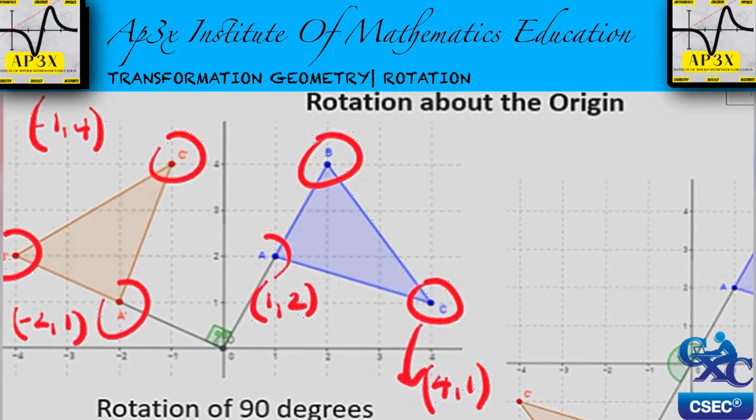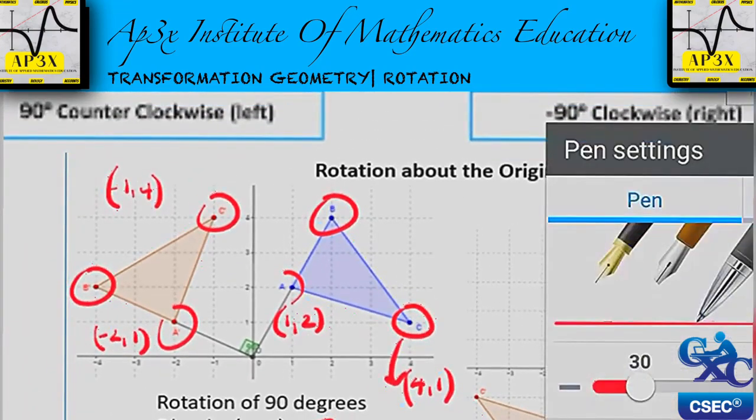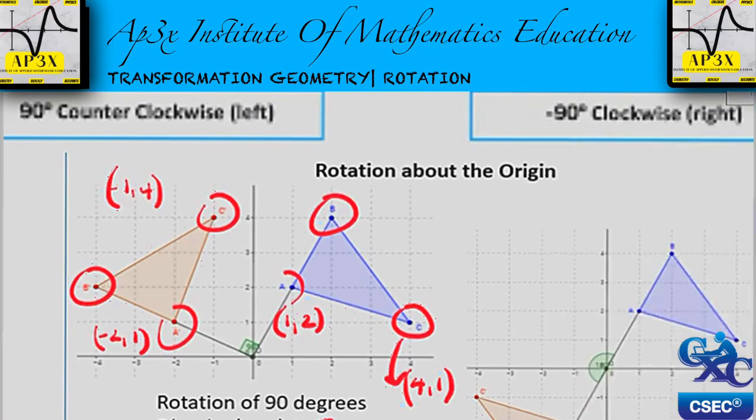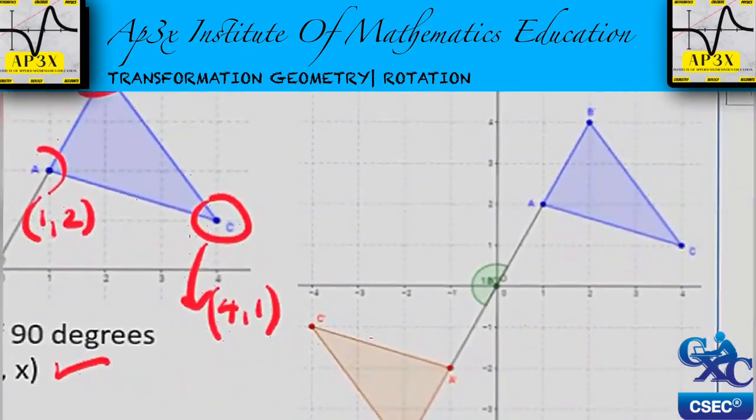I will use the words anti-clockwise and counterclockwise interchangeably. My colloquial language allows me to say anti-clockwise, but in textbooks you're going to see counterclockwise. All right, so that pretty much demonstrates what the change is in a 90 degrees rotation anti-clockwise. Let's have a look at 180 degrees clockwise or anti-clockwise.